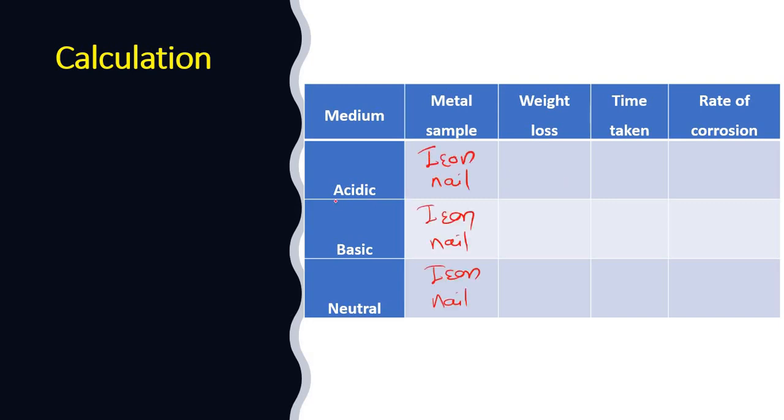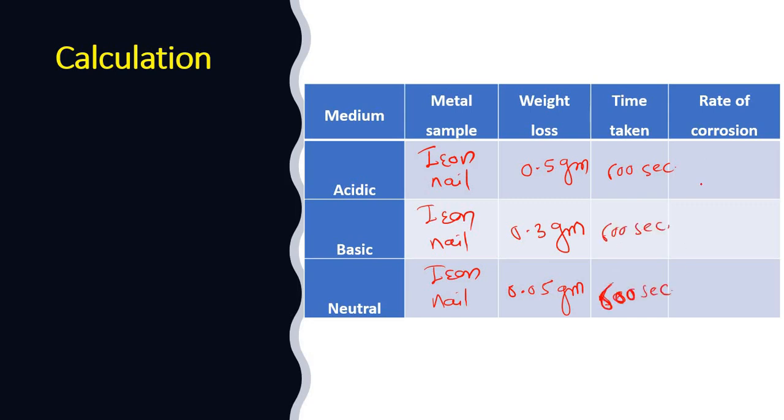Then loss in weight for acidic medium we have observed is 0.5 gram. For basic it was 0.3 gram, and for neutral medium it was 0.05 gram. Time taken is 600 seconds for all 3.